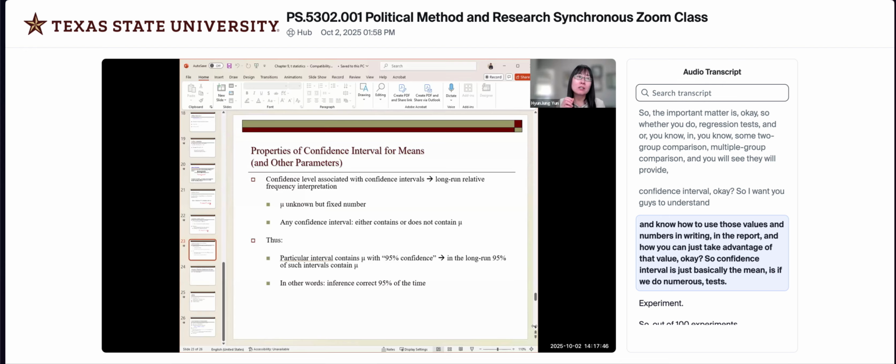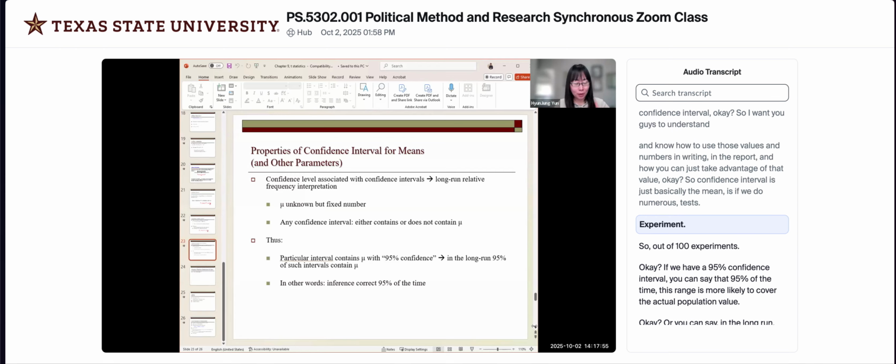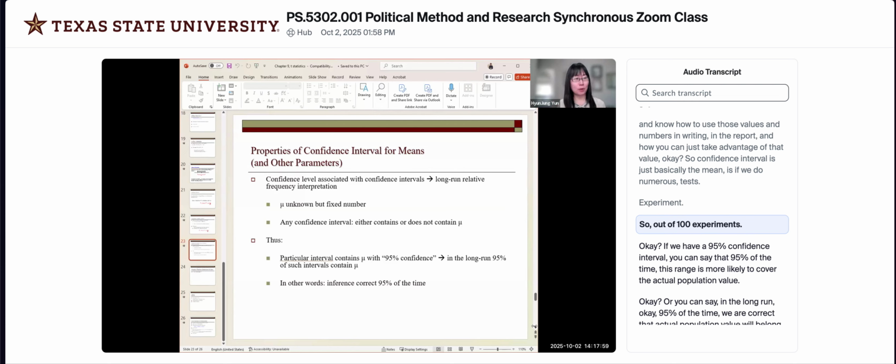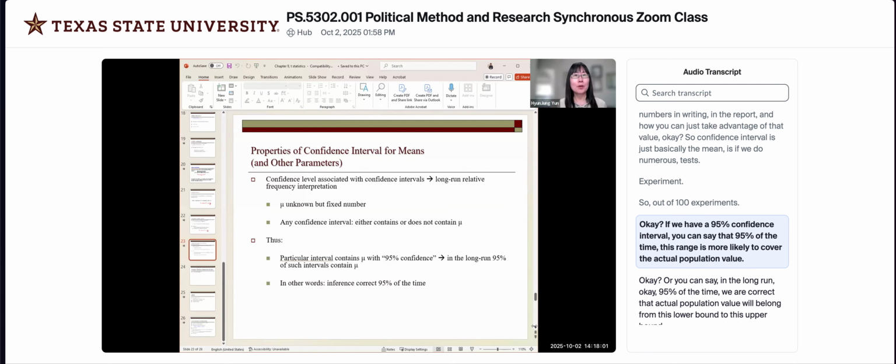Okay, so the confidence interval basically means, if we do numerous tests, experiments, out of 100 experiments, if you have a 95% confidence interval, you can say that 95% of the time, this range is more likely to cover the actual population value.